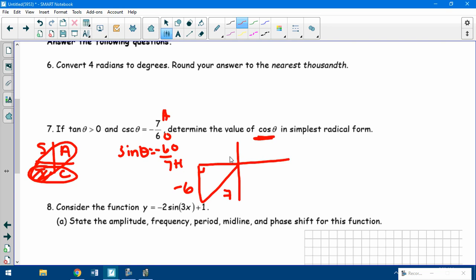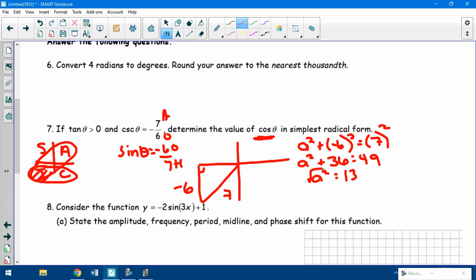Pythag. So you would do a squared plus negative 6 squared equals 7 squared. So a squared plus 36 equals 49. If you subtract the 36, you get a squared equals 13.